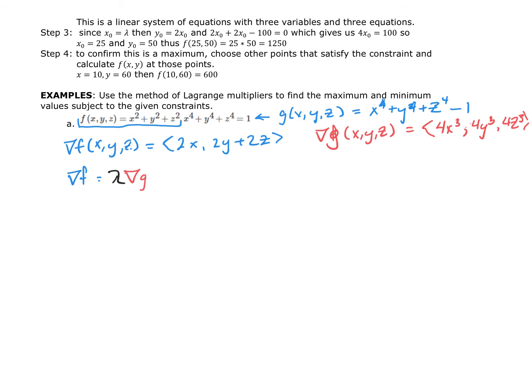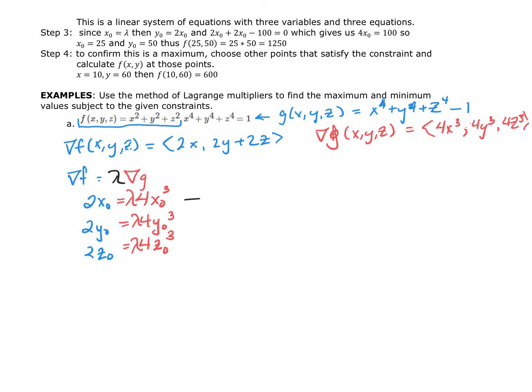So my first set of equations tells me that 2x naught is going to be equal to 4x naught cubed, I have 2y naught equal to 4y naught cubed, and I have 2z naught, and that is also going to be equal to 4z naught cubed, times lambda. Don't forget the lambdas.